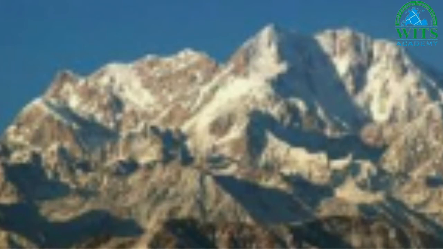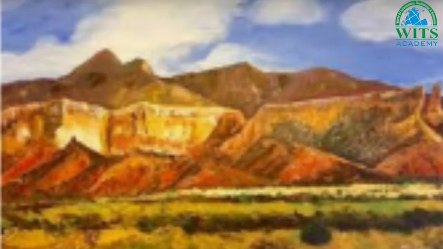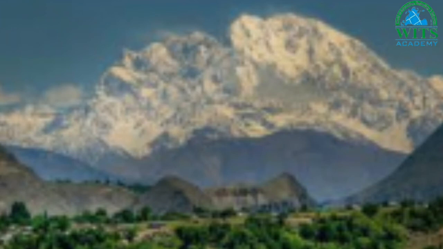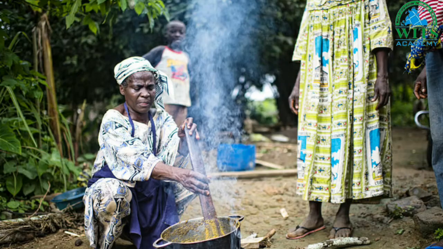Students, mountains have a climatic influence due to their height, width, and direction. These mountains intercept the summer monsoon winds coming from the Arabian Sea and cause precipitation in the form of rain and snow. About 80% of mountain people live below the poverty line.